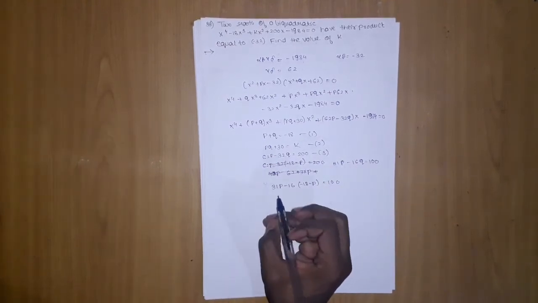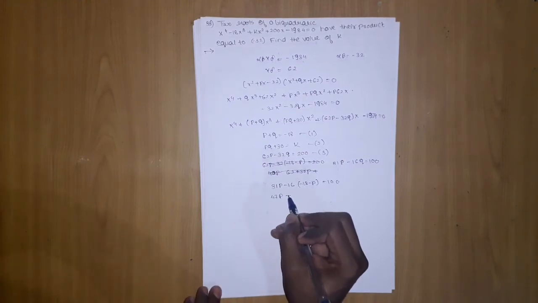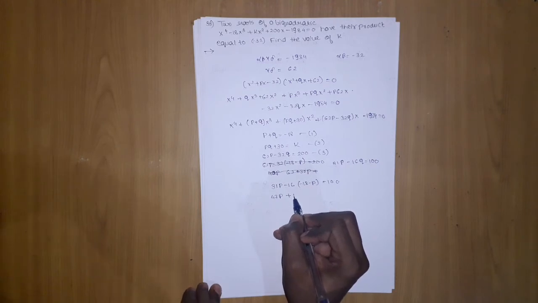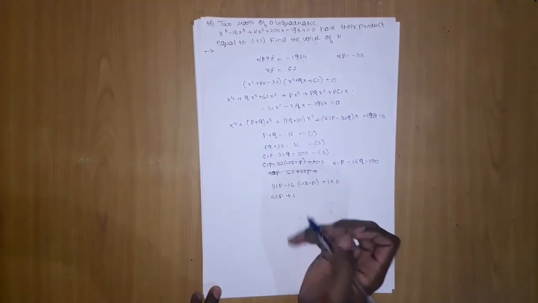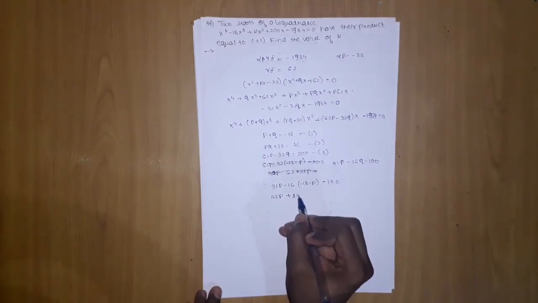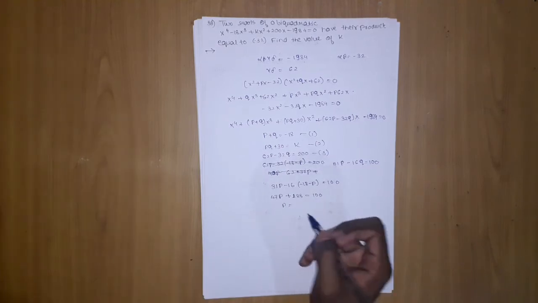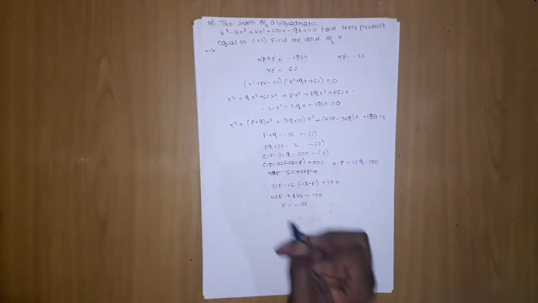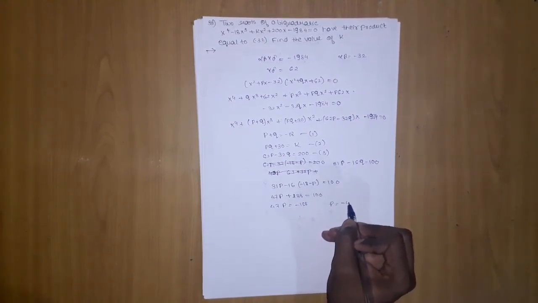Now 16 plus 31, 47p, and if I multiply this, plus 288 is equal to 100. So we got p equals minus 188 upon 47, which will give us p equals minus 4.